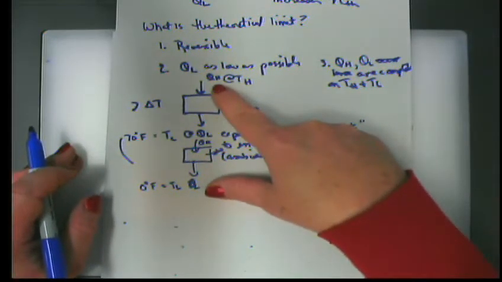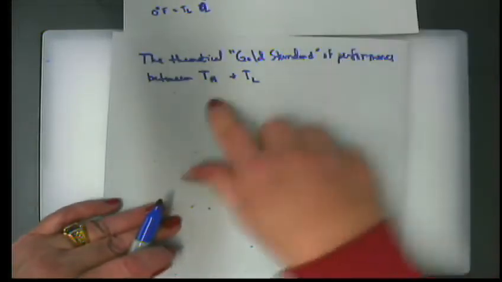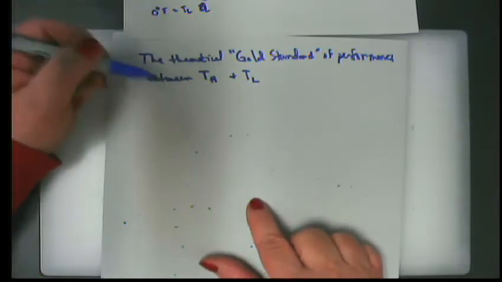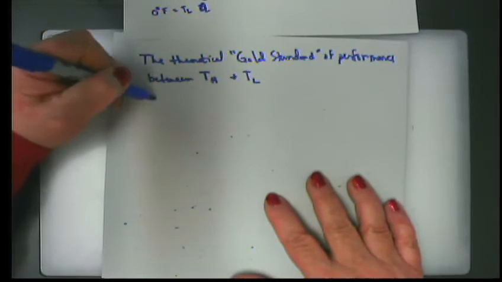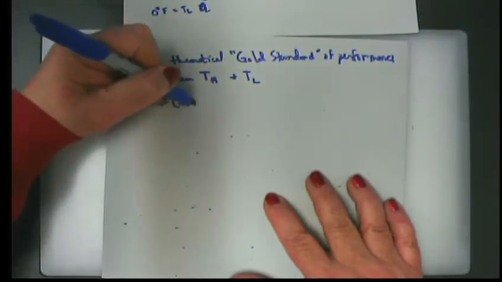Also, if we could increase T sub H, we could increase our efficiency. But between a given T sub H and T sub L, there's going to be a theoretical maximum, which is this reversible cycle. And we call this cycle a Carnot cycle.